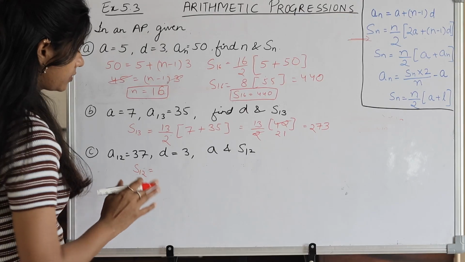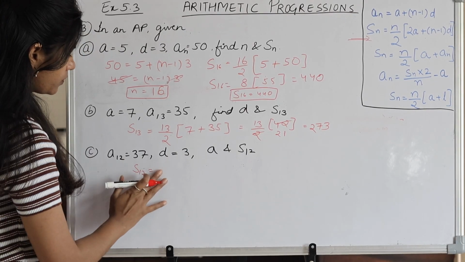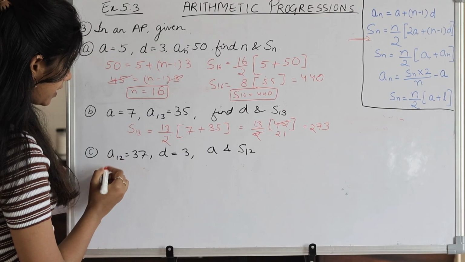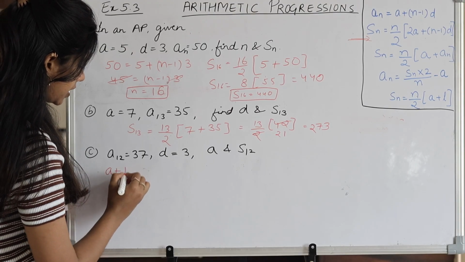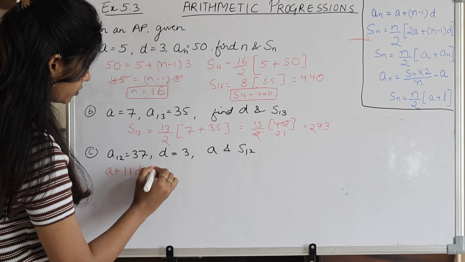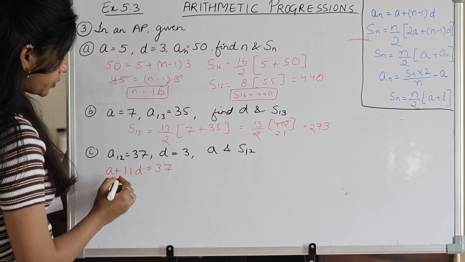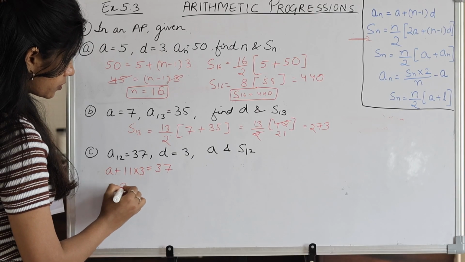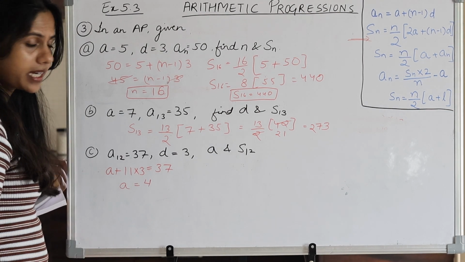So we need the value of a. We'll use the existing information first: a plus (n minus 1) d equal to 37. From here we put the value of d, so a will be 37 minus 33, which is 4.